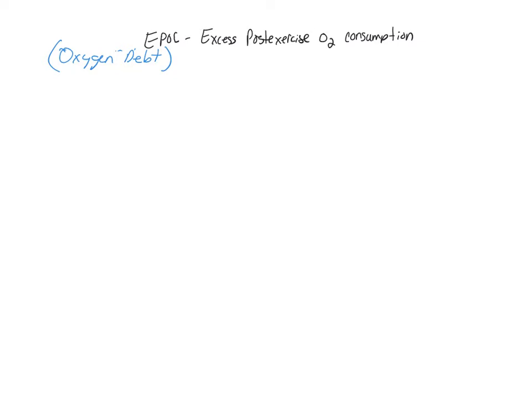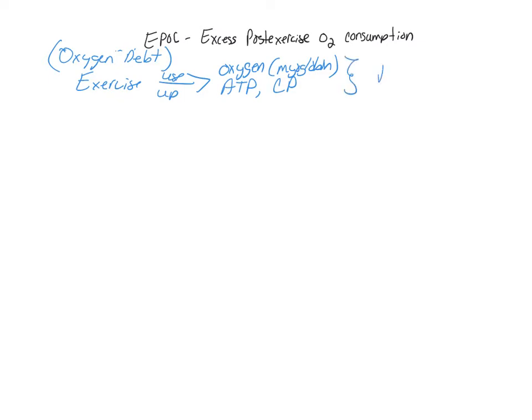Basically, what this is describing is how when you exercise, you're going to use up oxygen that's stored in myoglobin. Okay, you're also going to use up ATP, you're going to use up creatine phosphate, so everything gets low.